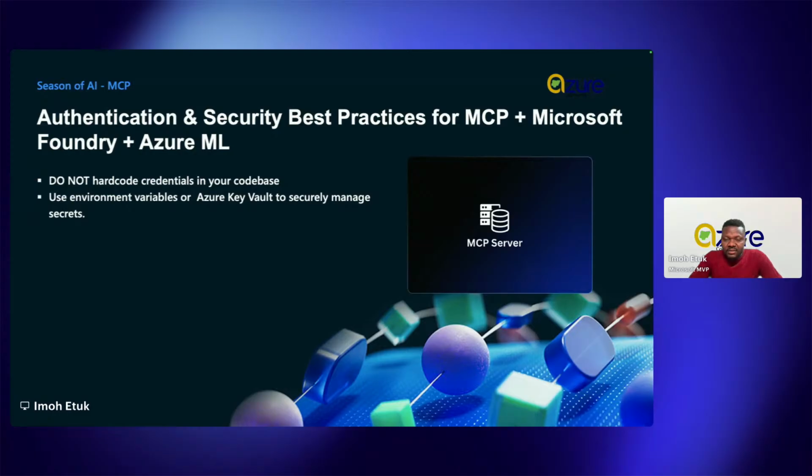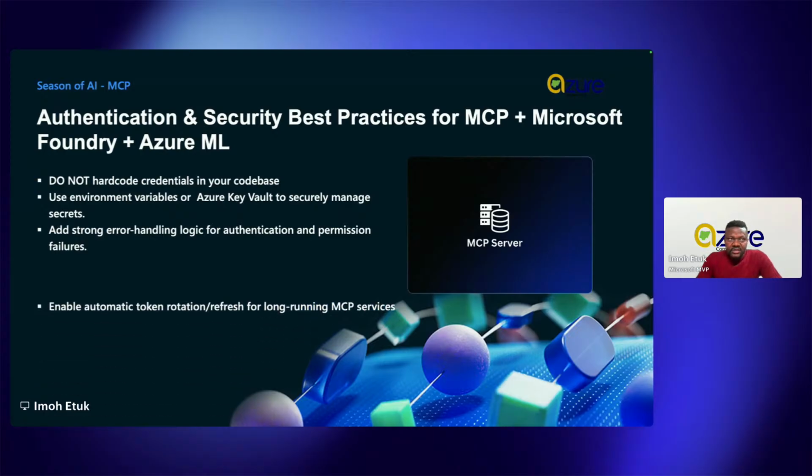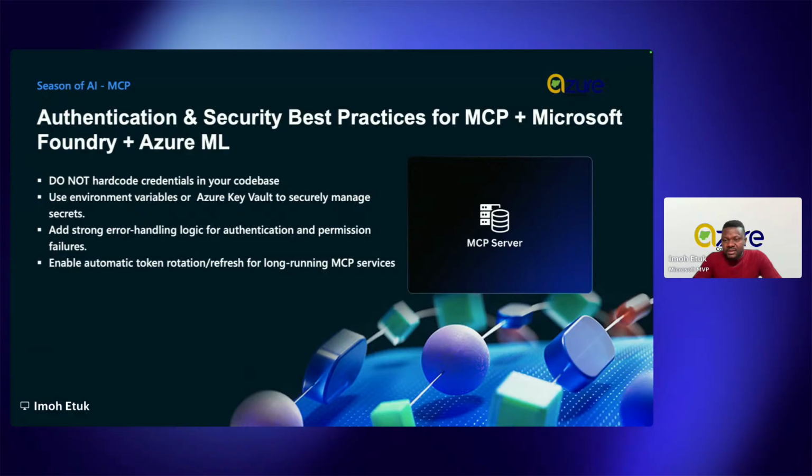But in production, you are advised to use a service connection, a connector like Azure Key Vault, to securely manage your secrets. And you also need to implement strong error handling logic for authentication and permission failures. This is very important for you to achieve a scalable MCP system. You also need to enable automatic key rotation.